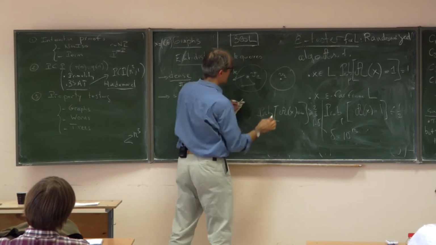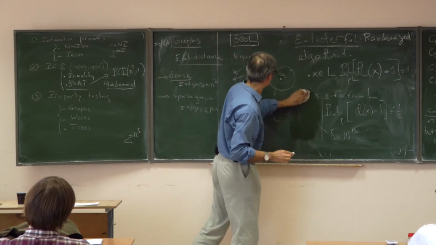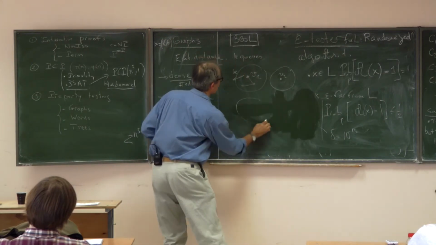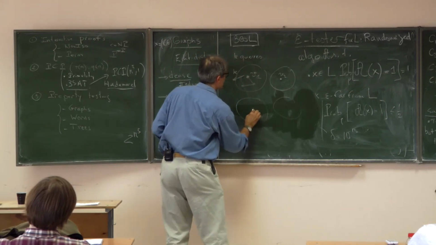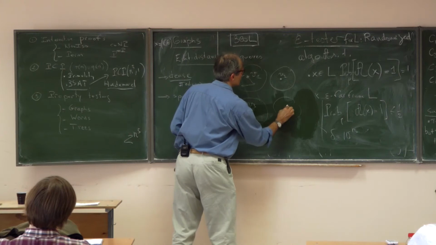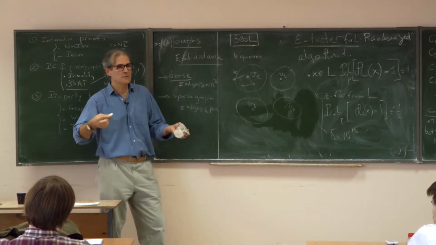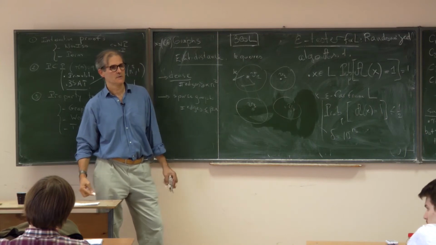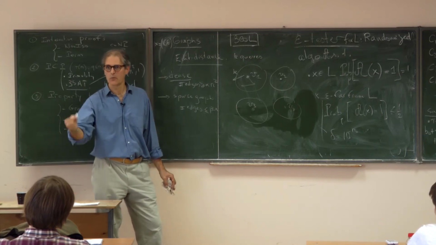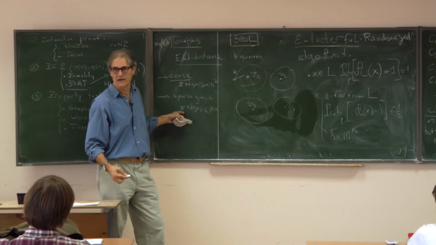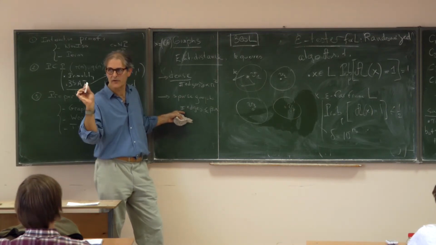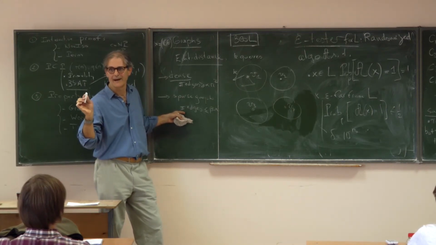In other words, you get neighborhoods like this. They may connect, but most likely they won't. So you get k neighborhoods. This is what a query is in the case of sparse graphs. Totally different model.